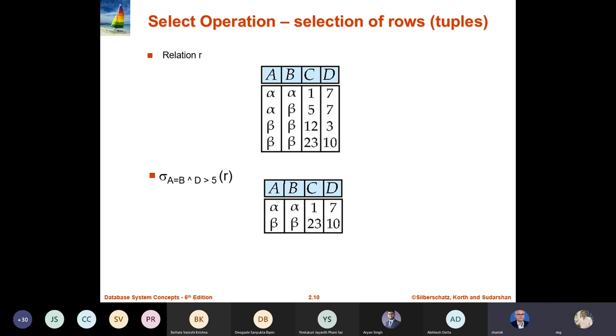Some of the basic operations: one mostly used operation is the select operation. It selects a set of rows or tuples from a relation based on some condition on the attributes.